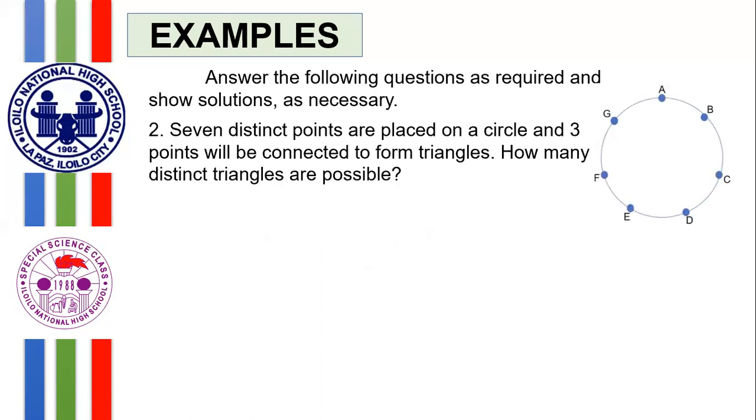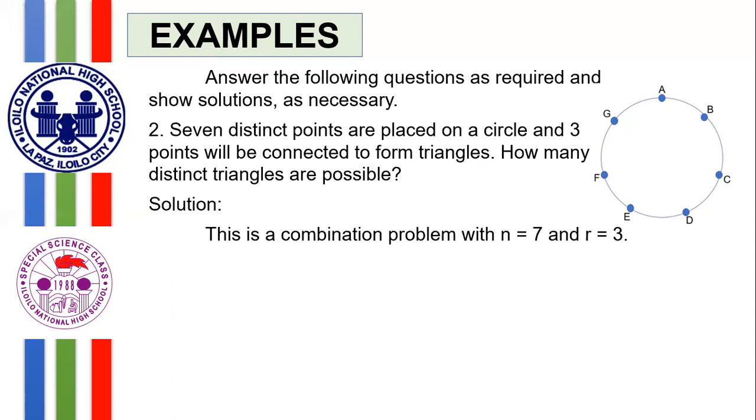7 distinct points are placed on a circle, and 3 points will be connected to form triangles. How many distinct triangles are possible? Again, just like earlier in the case I presented to you, forming polygons using a certain number of vertices is a combination problem because the order of writing the letters does not matter as long as they appear consecutively, either clockwise or counterclockwise.